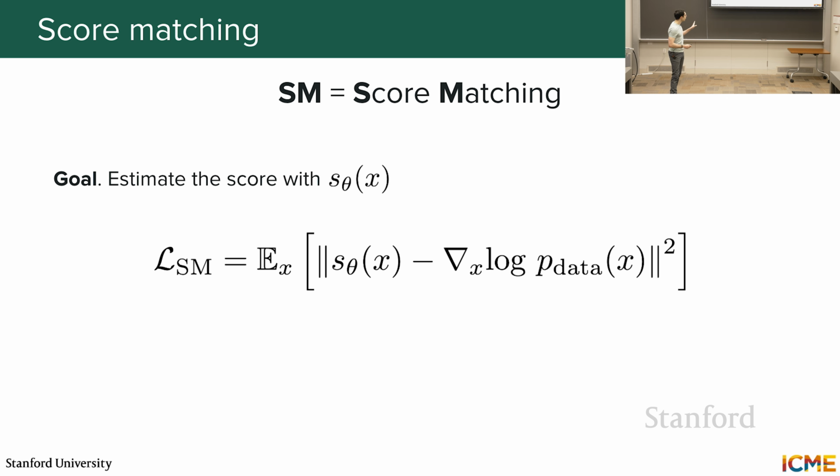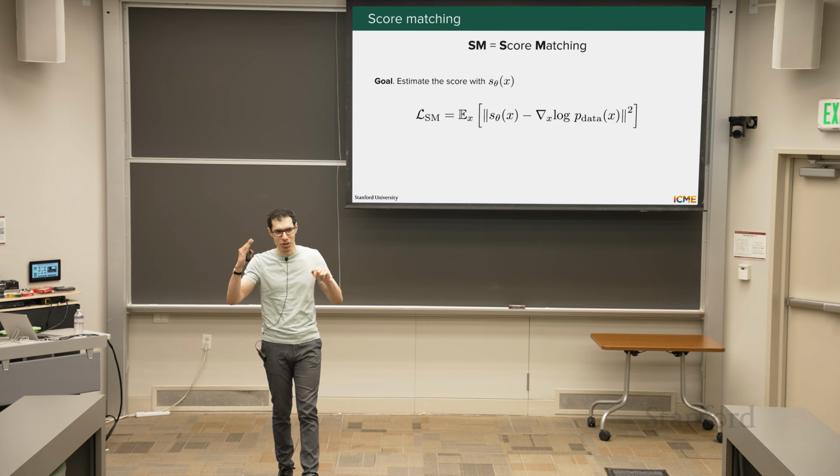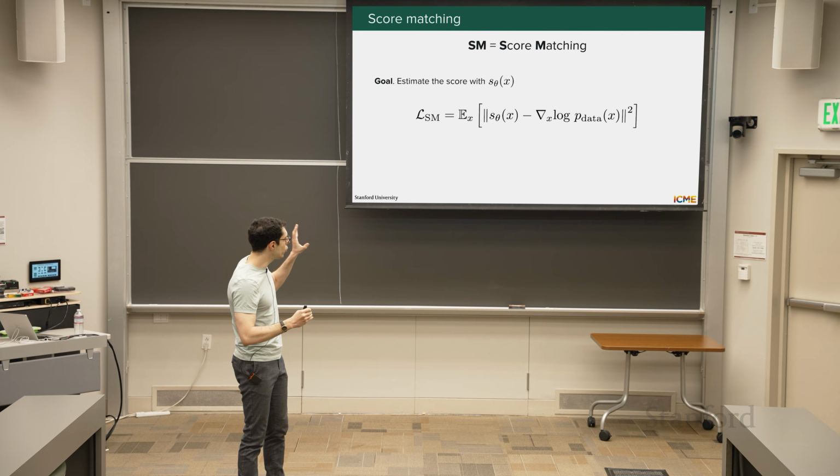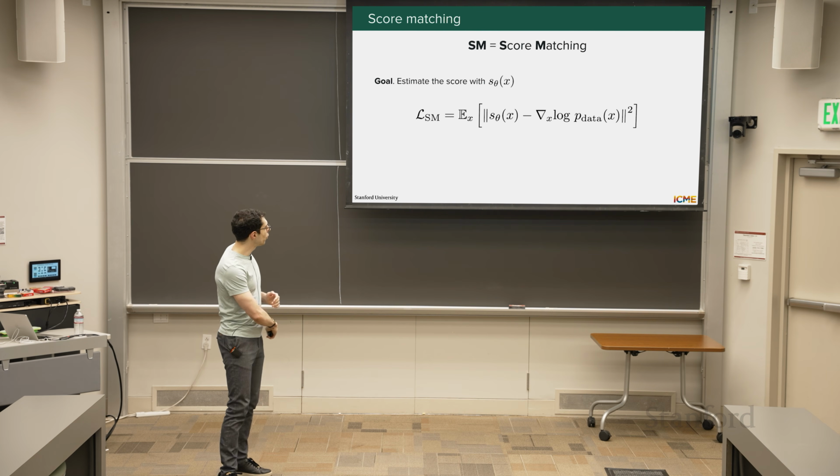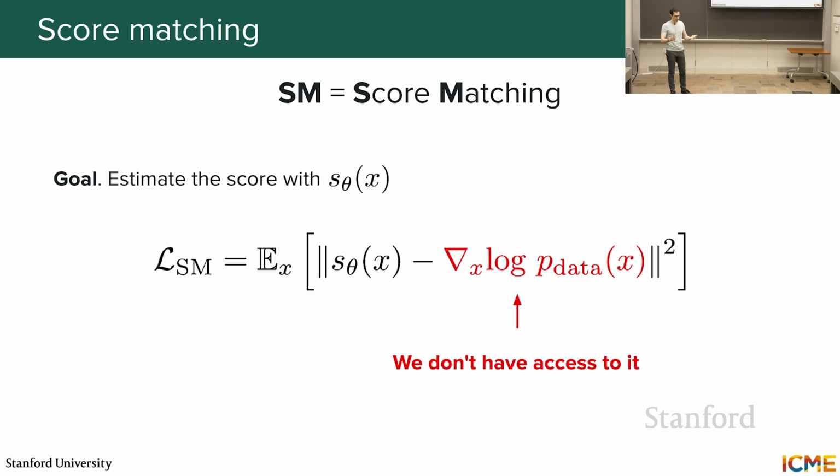First of all, the task of estimating the score is widely known as score matching, because you're trying to match the score. The way you want to do it is similar to noisy L2 regression. You also want to have some L2 regression, but this time on the score. But the main problem is you don't know what p data is, and you also do not know the score of the data distribution.